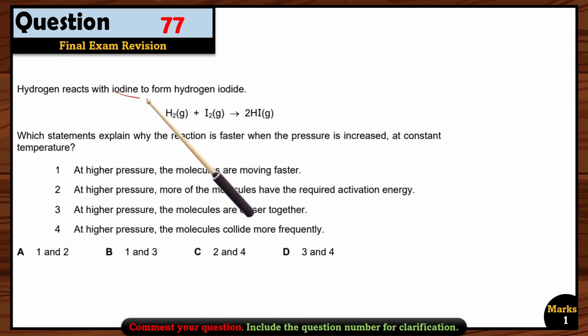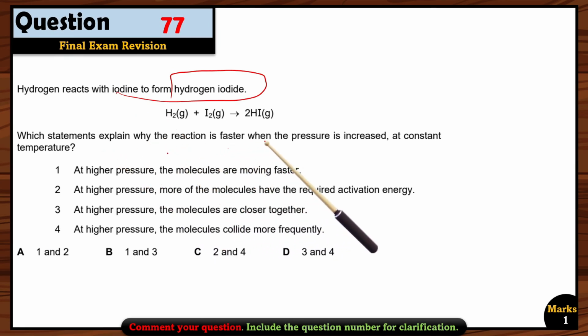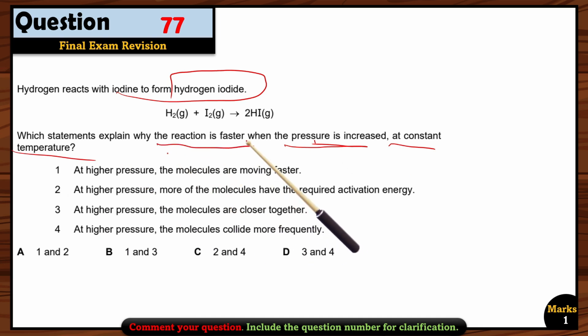Question 77. Hydrogen reacts with iodine to form hydrogen iodide. Which statement explains why the reaction is faster when the pressure is increased at constant temperature? Here they are talking about the reaction being faster. They are not talking about the product, right? Because the product will not change.